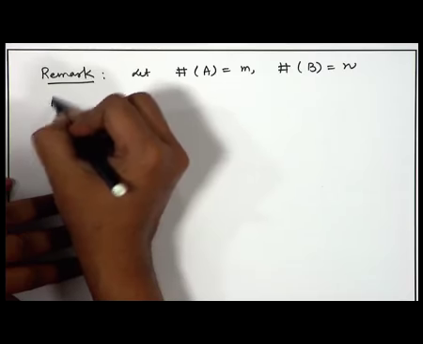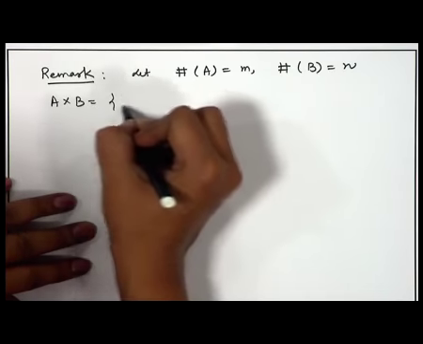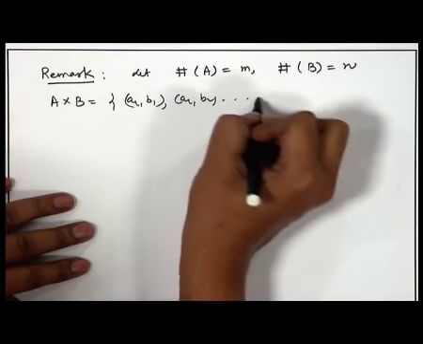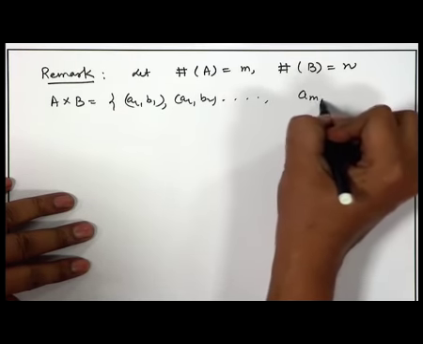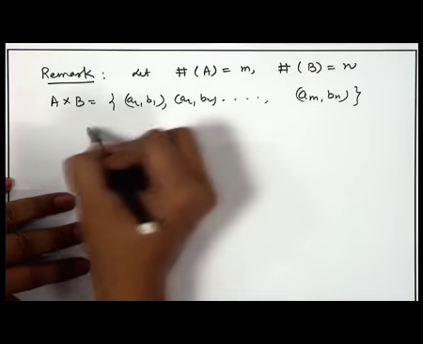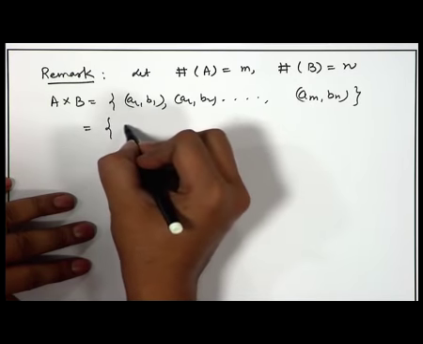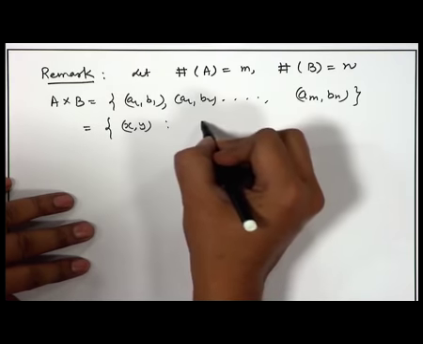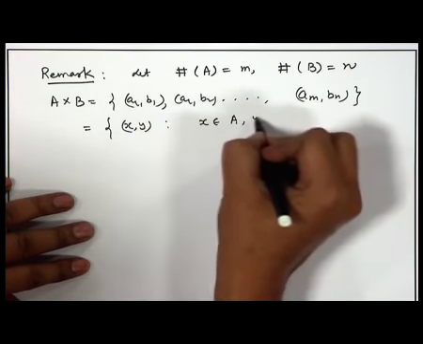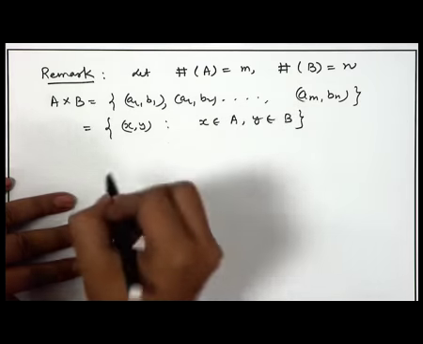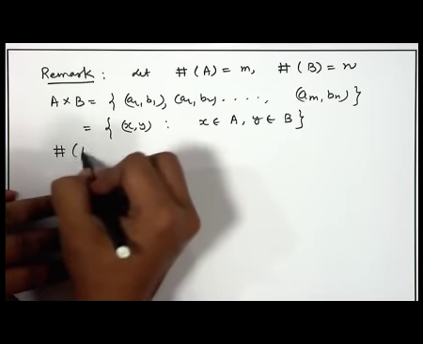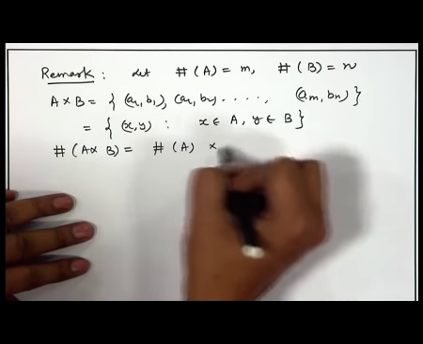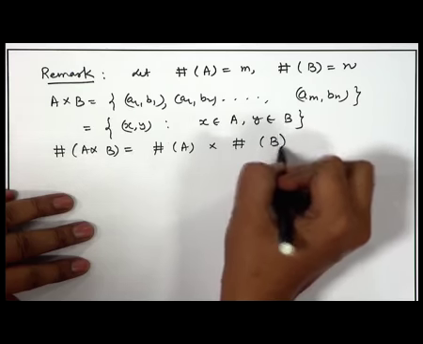So, A cross B is actually A1 B1, A1 B2 and so on, which we also write like this. It is an element x y such that x belongs to A, y belongs to B. So, then cardinality of A cross B is nothing but cardinality of A into cardinality of B.